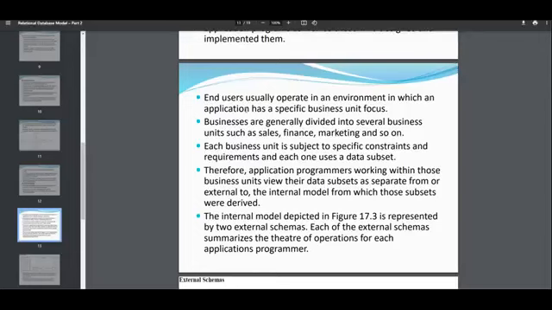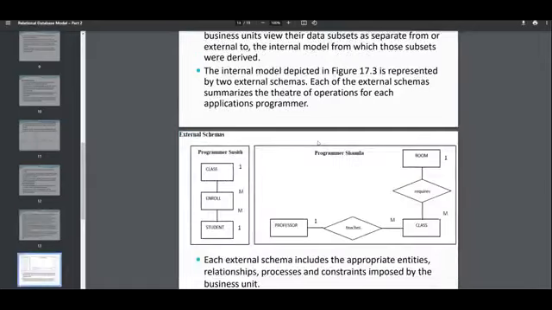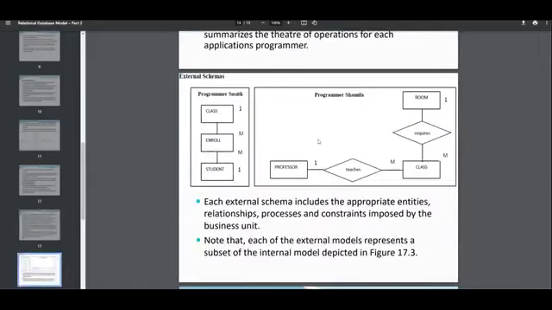A little bit more in detail you can see these things. External schemas can be displayed this way.